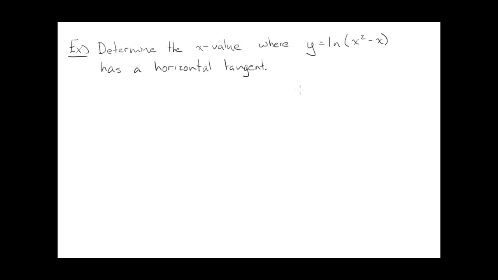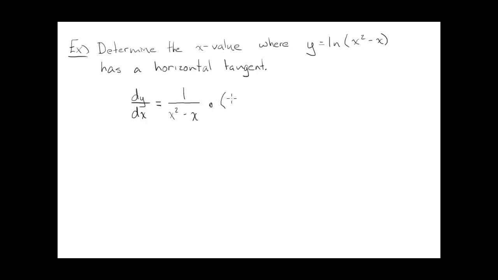So in order to do this, we have to take the derivative of this function. It's, again, just like the last one, a chain rule question. So the derivative of the natural logarithm, the outside function, will be 1 over whatever's inside the logarithm, x squared minus x, times the derivative of the inside function, x squared minus x.